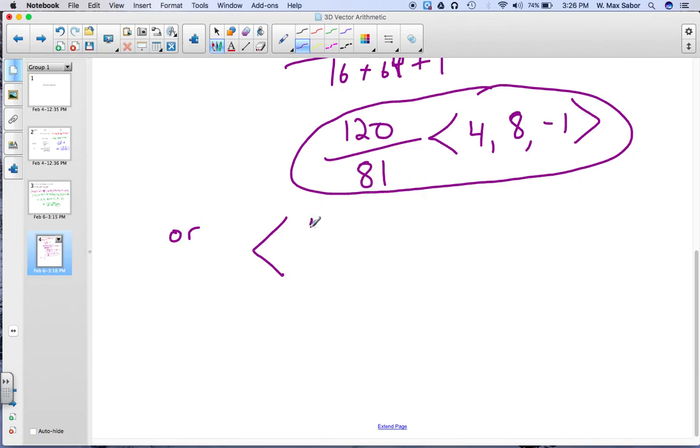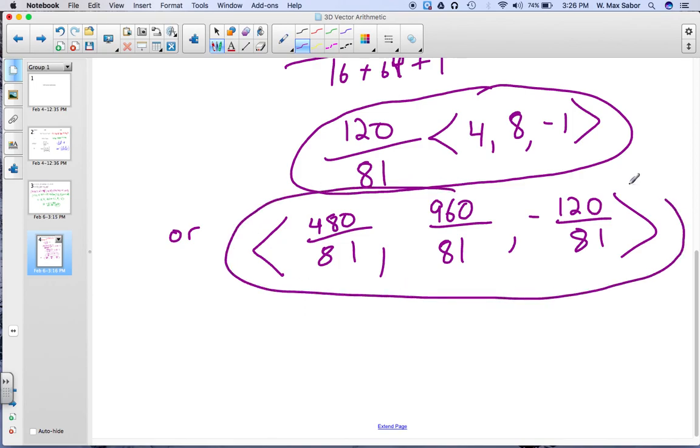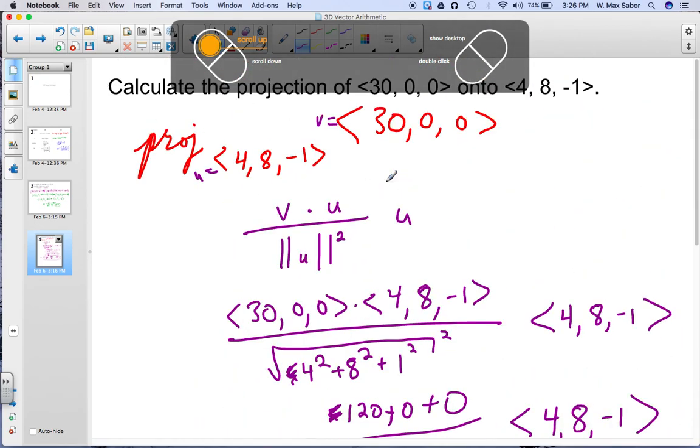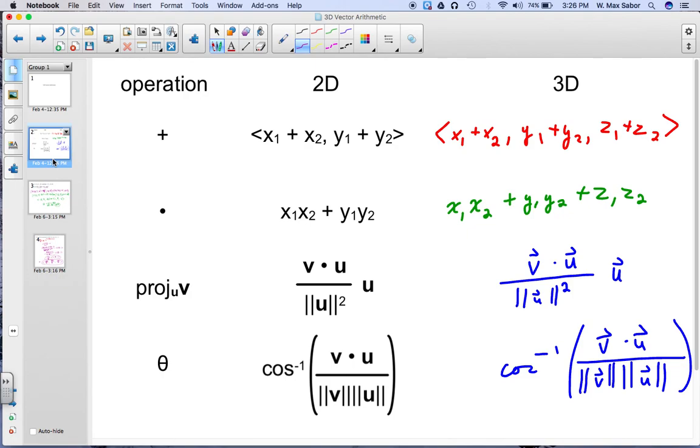And that would be 480 over 81, 8 times 12 is 96, yeah, 960 over 81, and negative 120 over 81. So this is how we project a vector onto another vector. Everything is pretty much the same as before.